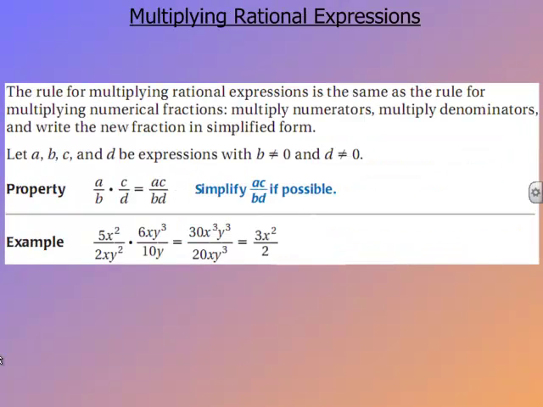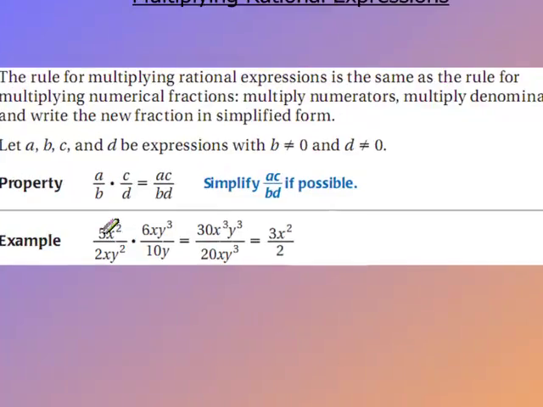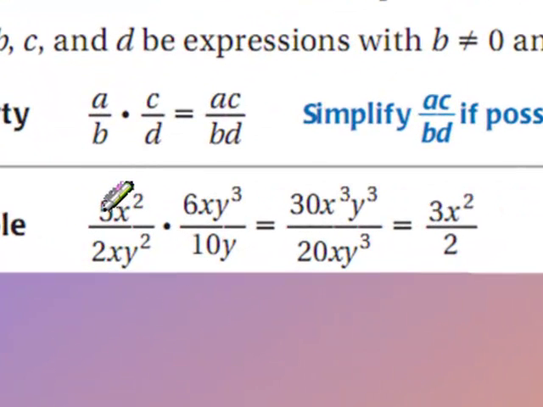Now, when multiplying, it's just like multiplying anything else. You just multiply numerator with numerator, denominator with denominator, top with top, bottom with bottom. So I'd have, for example, 5x squared over 2xy squared times 6xy cubed over 10y.